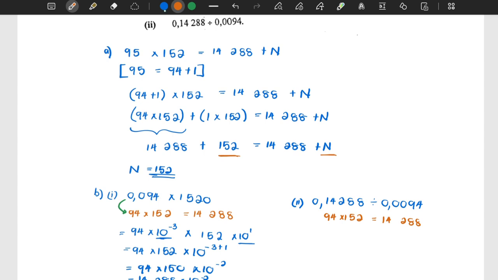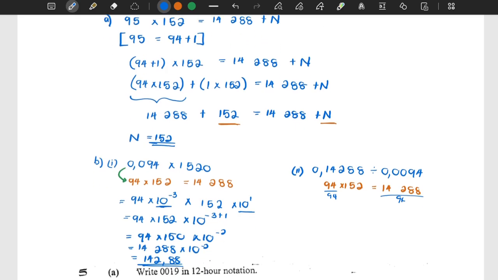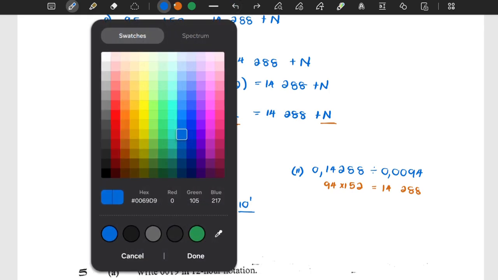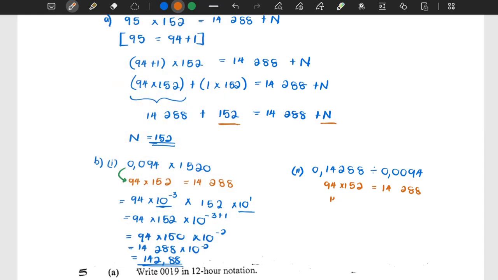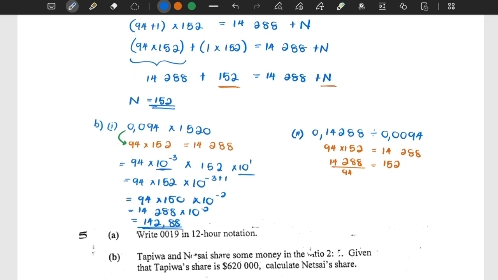So if we divide both sides by 94, we'll get 152, right? So we know that 14,288 divided by 94 is equal to 152, right?